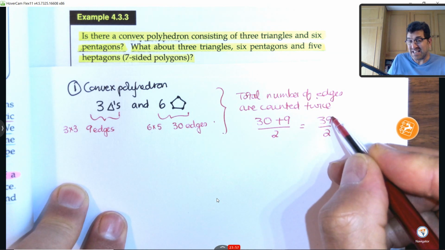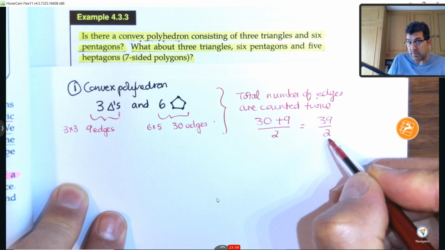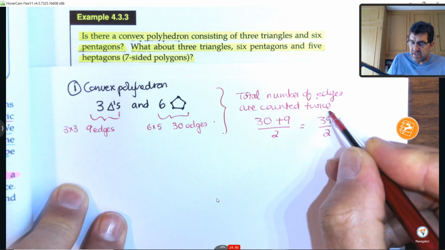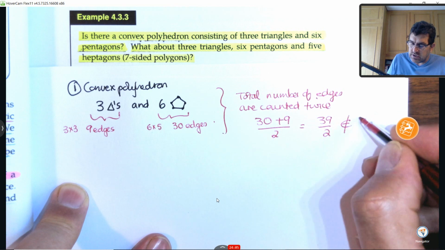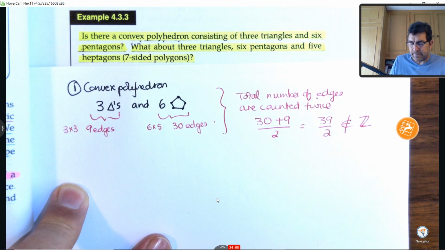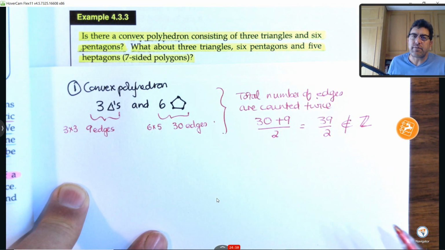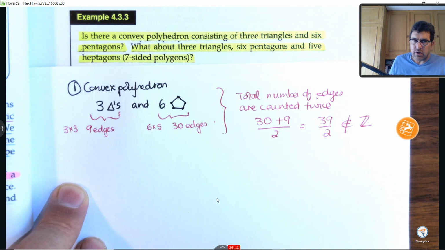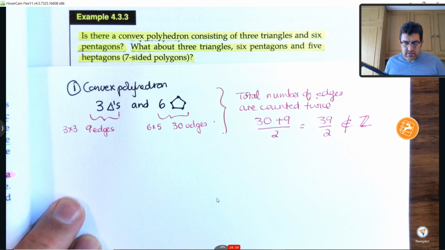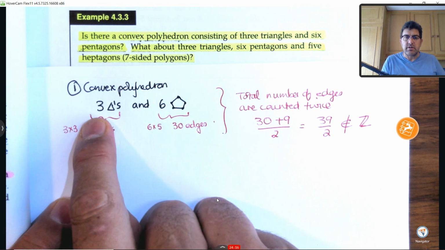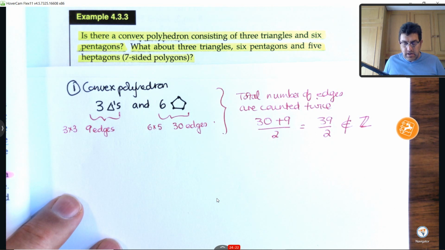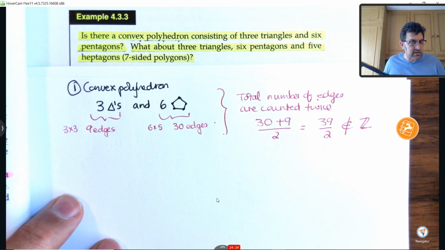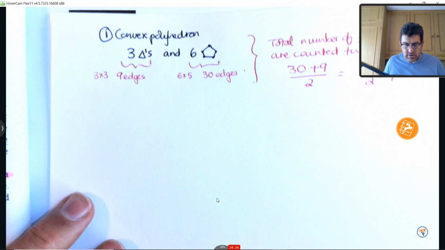If that was 38 divided by 2, that would be fine. You agree? So 39 divided by 2 is not an integer. We can't have half a side in a convex polyhedron. So definitely there's no polyhedron that consists of 3 triangles and 6 pentagons.